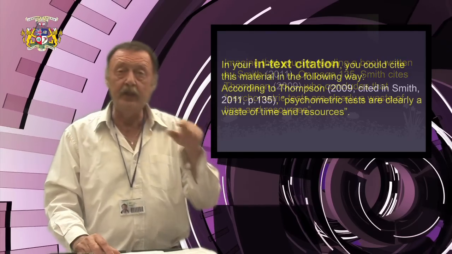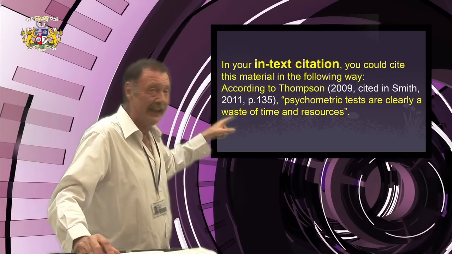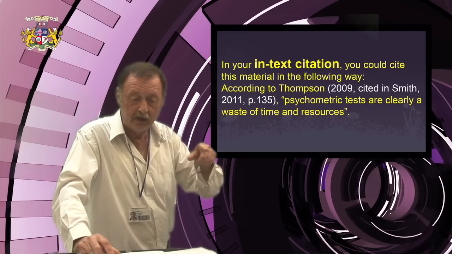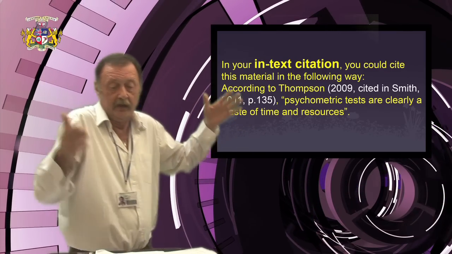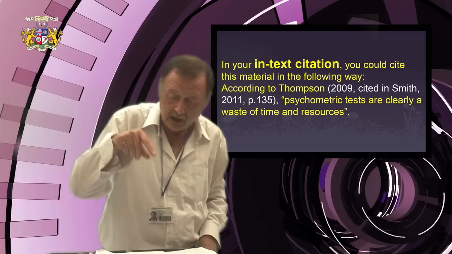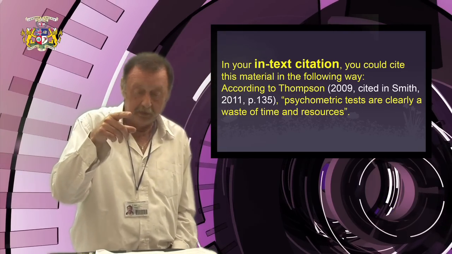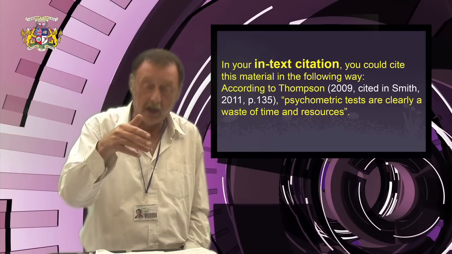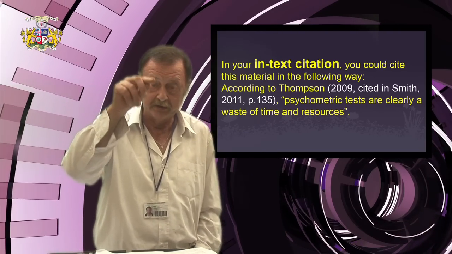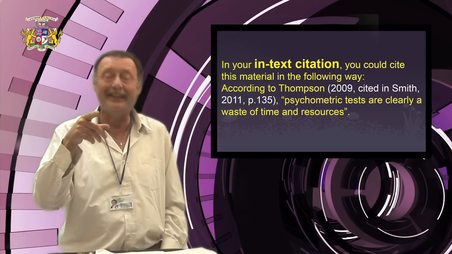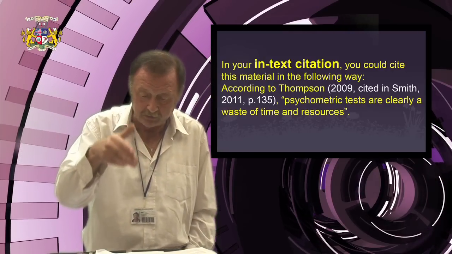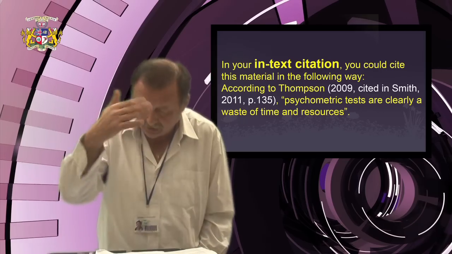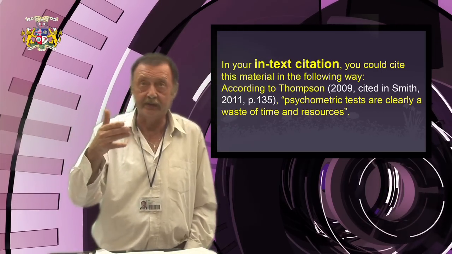So, in your in-text citation, you should cite this material in the following way. According to Thompson, because it's Thompson's quote, notice brackets, 2009, because Thompson wrote that in 2009. However, cited in Smith, 2011, page 135, psychometric tests are clearly a waste of time and resources.